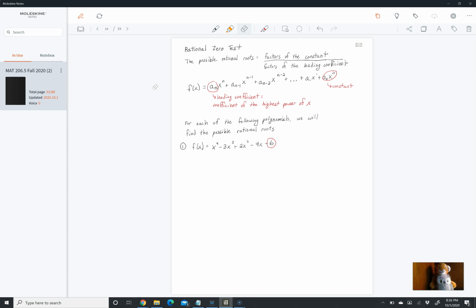This last number is the constant. And then the leading coefficient is the coefficient in front of the highest power of x. Our highest power of x is x to the fourth, and our leading coefficient is 1.